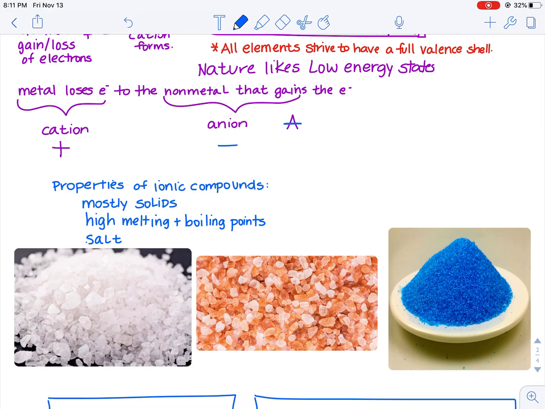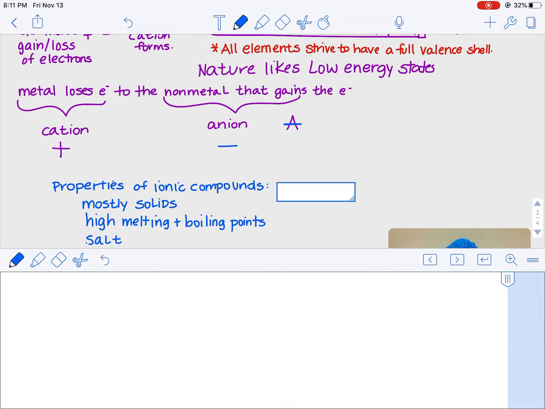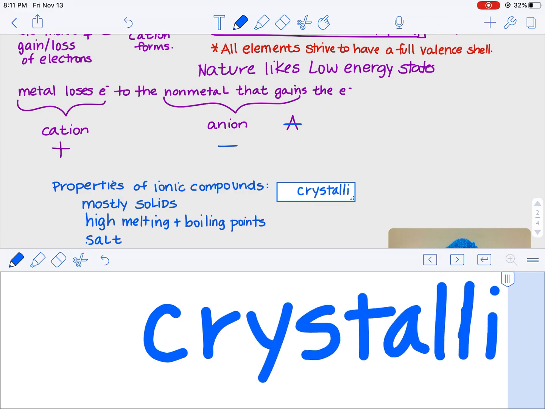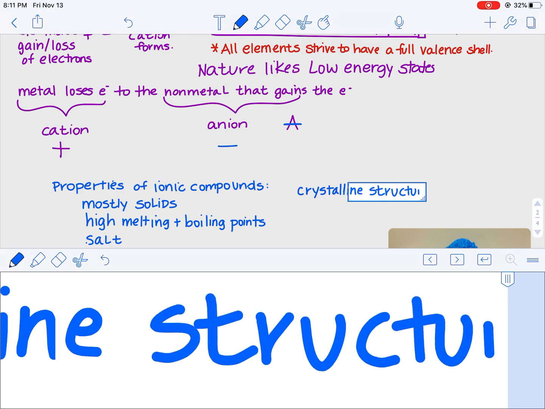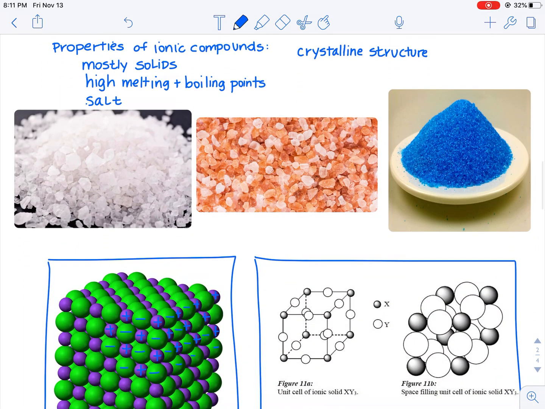The picture in the middle, I believe, is Himalayan salt. And the picture on the left is sodium chloride. They're mostly crystalline also. They have this beautiful crystal-like structure to them. And that would be evident as you look at the arrangement of the cations and the anions, how they sort of arrange themselves in a crystal formation.